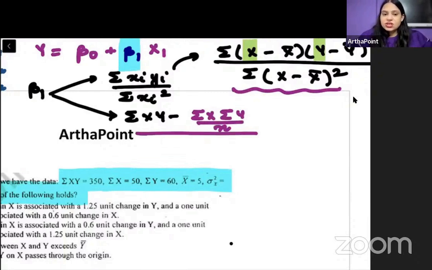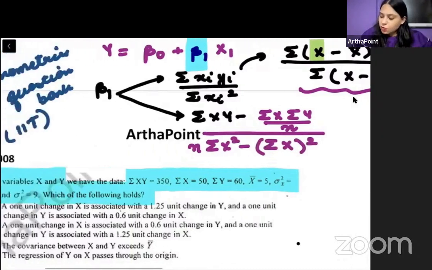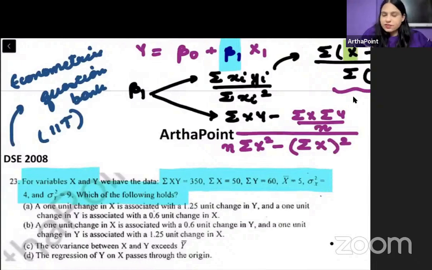Now this is interesting. When I write the actual formula, it is n summation x square minus summation x whole square. But if you look at the options given to you, you will see that there is variance of x given to you.